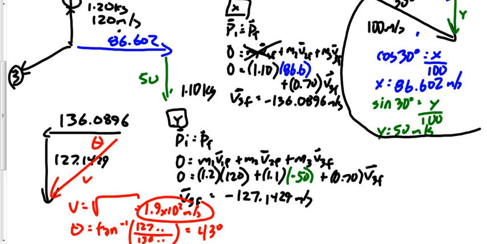South of west, yeah. We're measuring it from the west right here, right? From the west, but it's south. Or you could have said 47 degrees west of south would have worked as well.